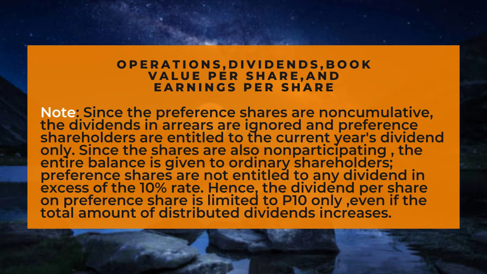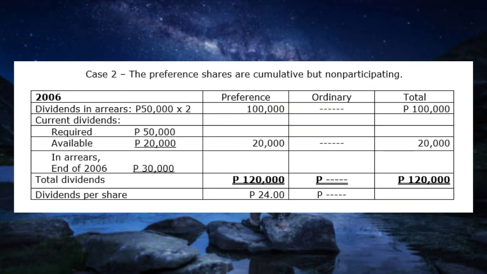Preference shares are not entitled to any dividend in excess of the 10% rate. Hence, the dividend per share on preference shares is limited to 10 pesos only, even if the total amount of distributed dividends increases.